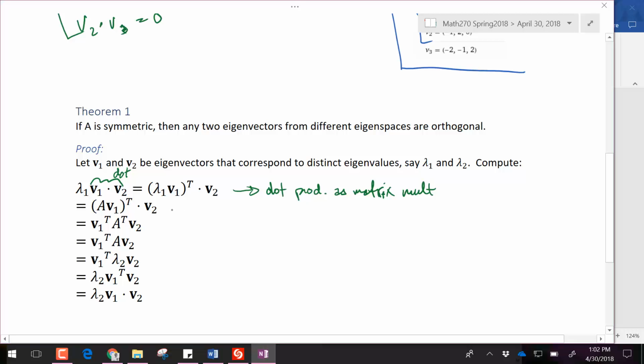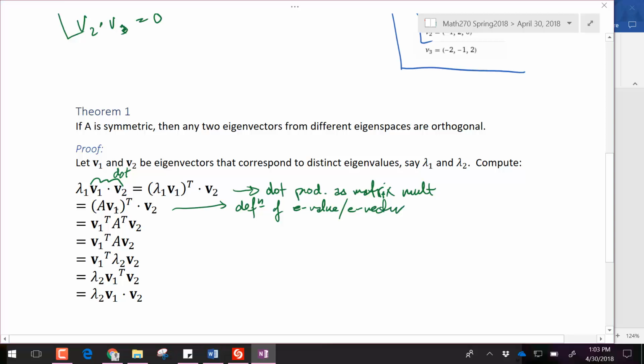And then now in this step over here, how can you justify this next step? An eigenvalue times its eigenvector should equal the matrix times the eigenvector, right? So that's the definition of an eigenvalue and eigenvector.